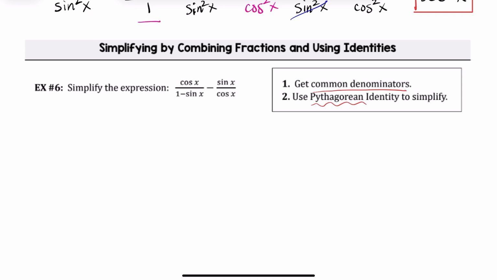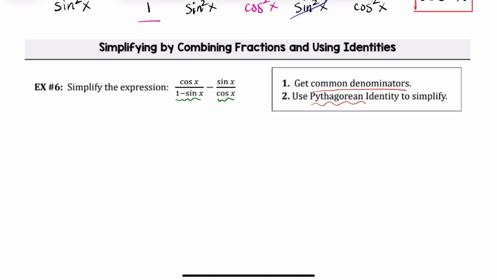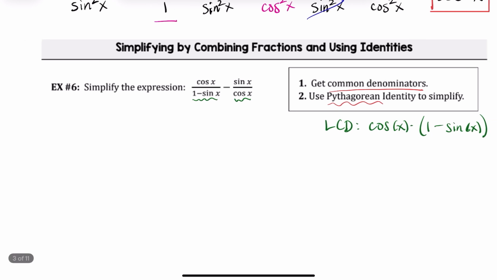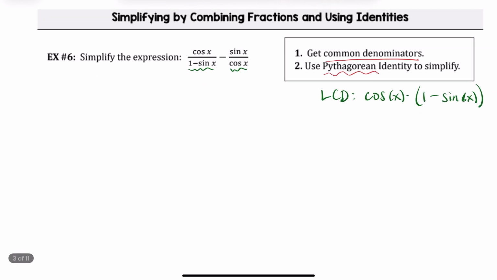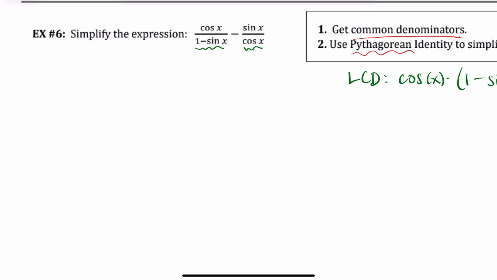So I need to figure out the least common denominator between these two fractions. They just need to have the same thing on the denominators. I noticed that 1 minus sine x needs a cosine, and this cosine needs a 1 minus sine. So my LCD is just the product of the two denominators: cosine of x times 1 minus sine of x. All right, that's my LCD. So I'm going to modify each fraction so that it has the LCD.